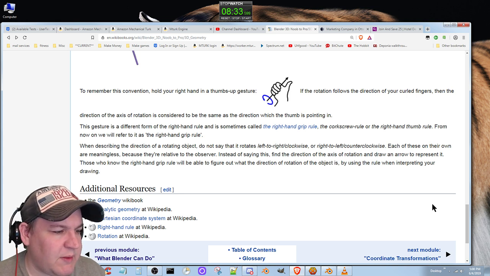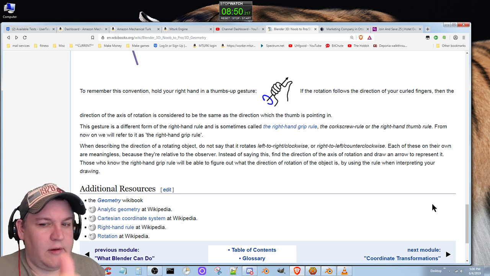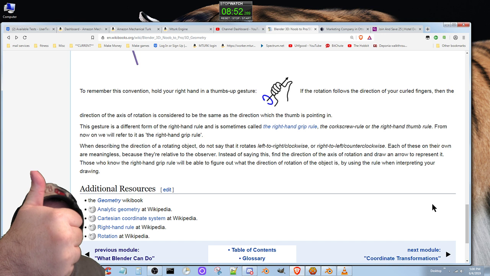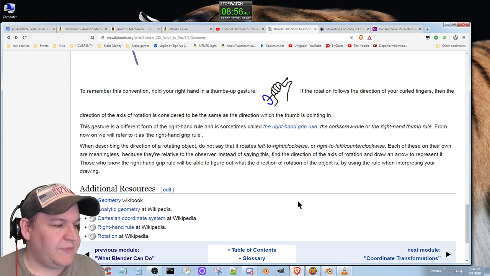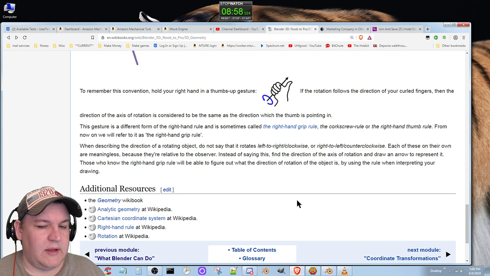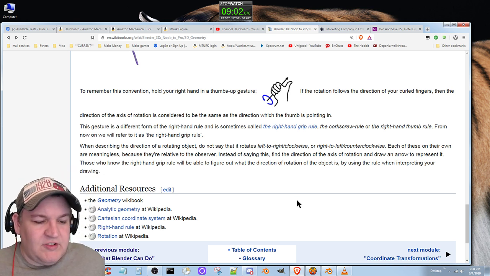I have no idea what that means. Find the direction of the axis of rotation and draw an arrow to represent it. If I'm doing this, I'm doing counterclockwise. I don't know. You kind of need to know it, but you kind of don't need to know it.